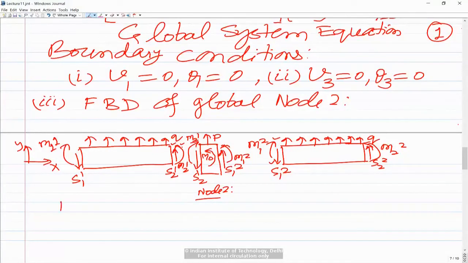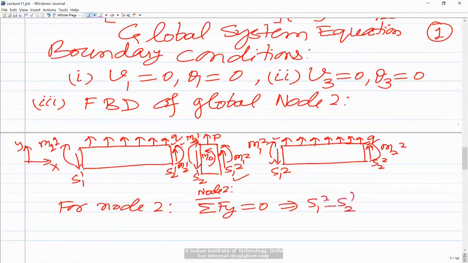Now for node 2, if we look at the equilibrium equation, the sum of all the forces along the y direction equal to 0. The force S12 is along plus y direction, S21 is in the negative direction, plus this externally applied load P, equal to 0.